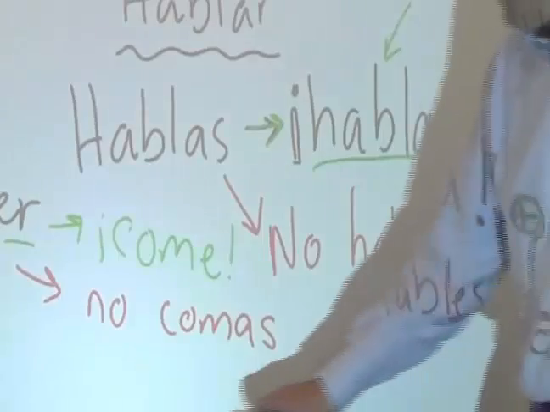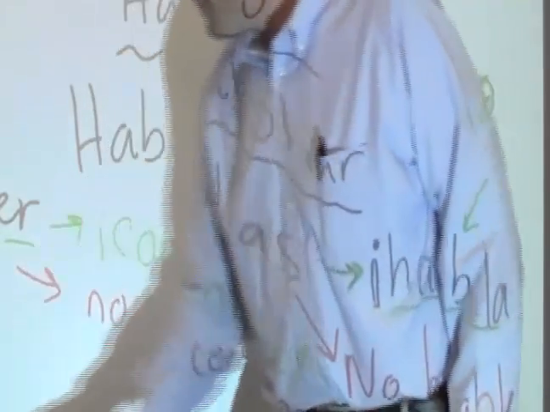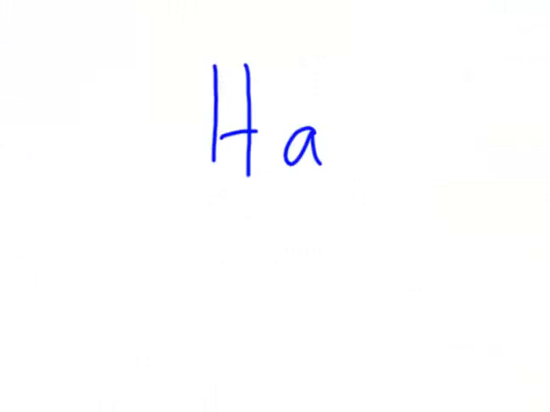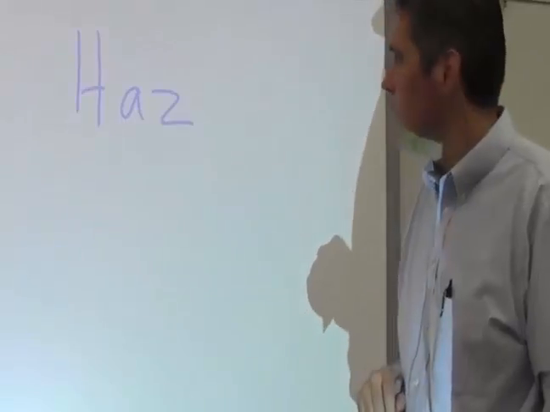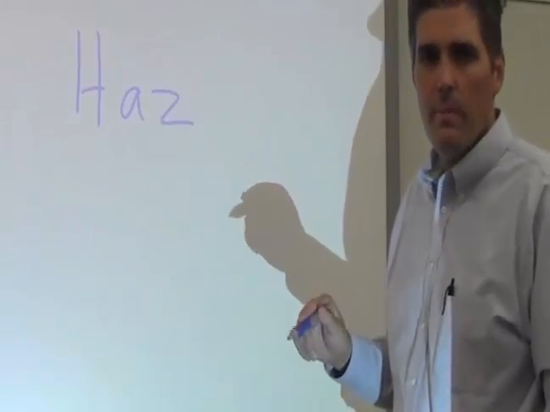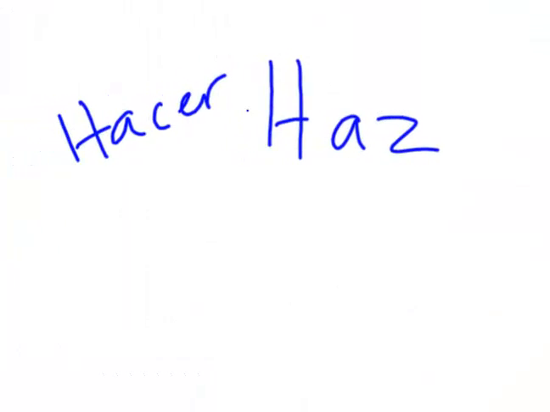Okay. Now I do have to show you guys just a couple more. We'll talk more about these this year, but I just want to mention two of them. Haz. If you tell somebody, haz la tarea, what verb do you think that comes from? Well, if you said hacer, that's very intuitive of you. Hacer, to make or to do.